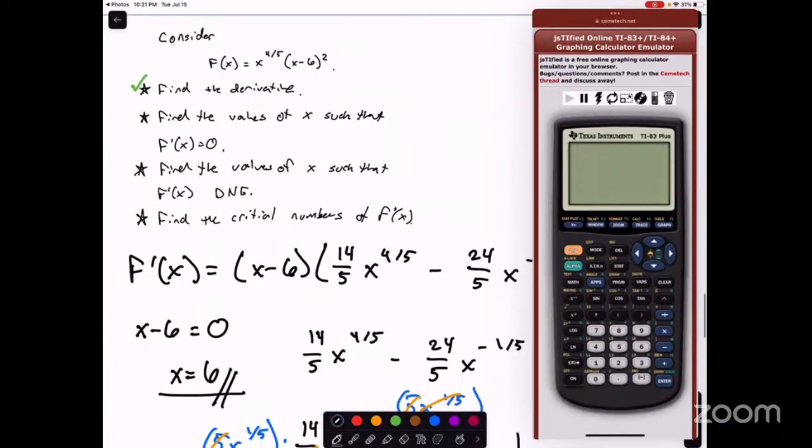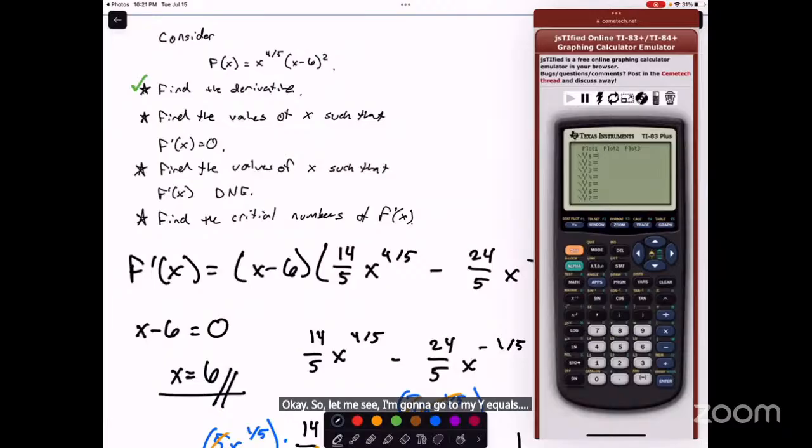So let me go to my y equals. I got my x to the power of 4 over 5 times, open parentheses, x minus 6, close parentheses, squared. Okay, so that's the original.